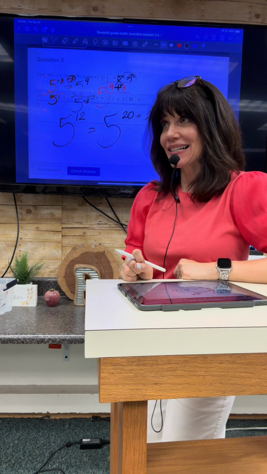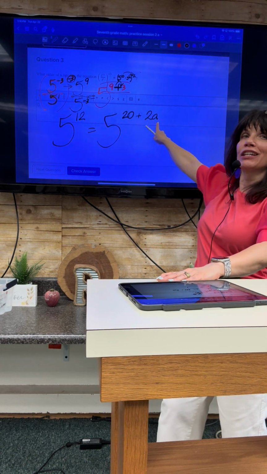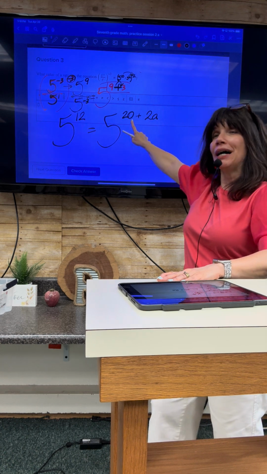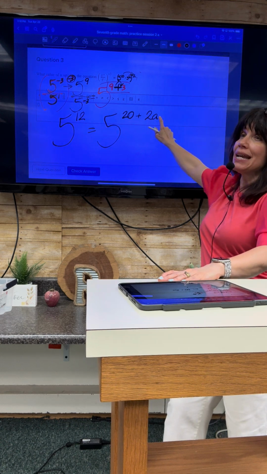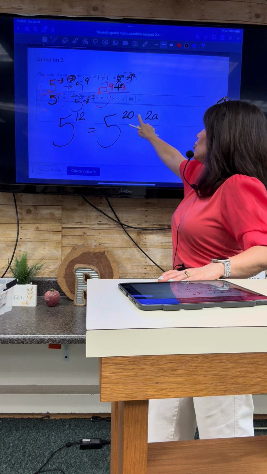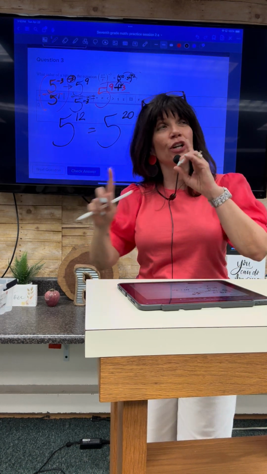Yes. But if you said minus, you would end up writing a positive number for a, and that would be wrong. So you must say plus because they were being multiplied. And now you must find a negative value for a in order for 20 to be added to something negative to equal 12.